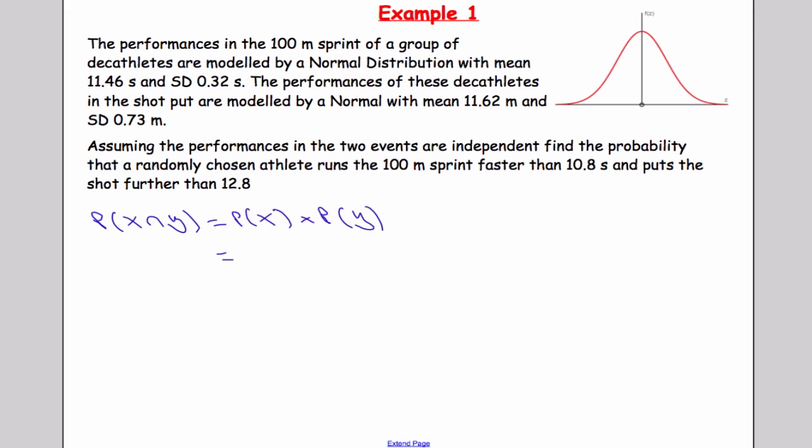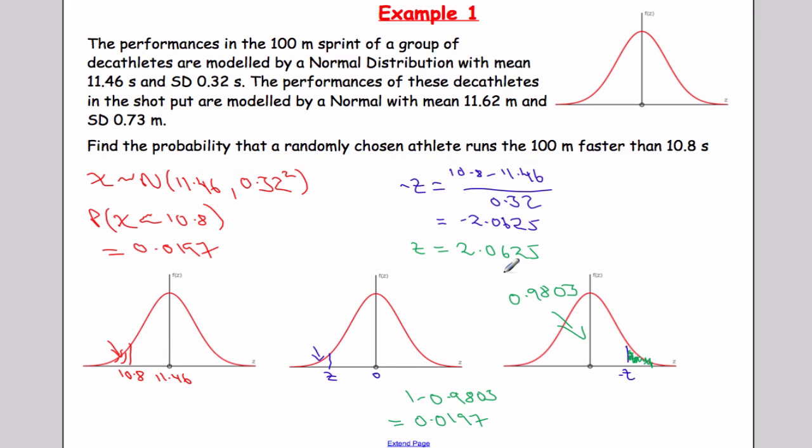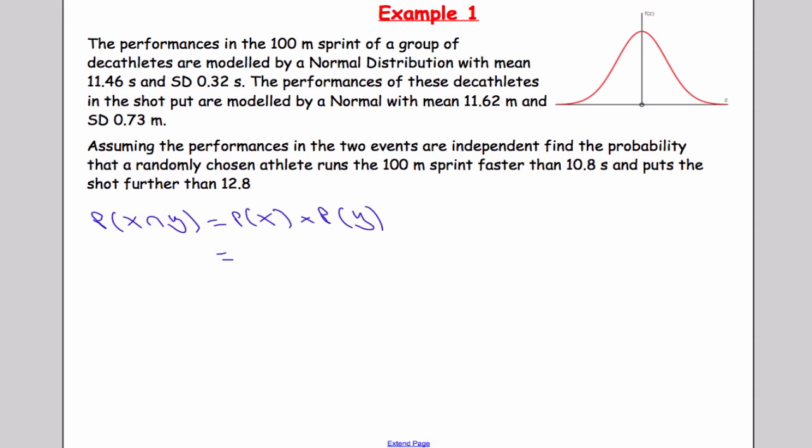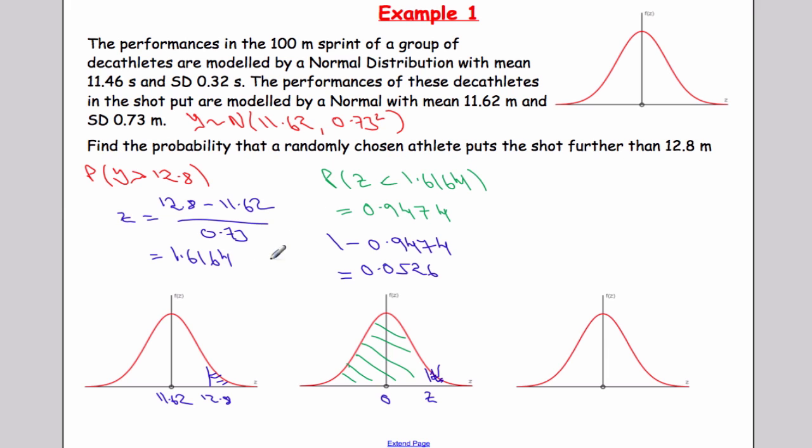So go back to our first part. X being less than 10.8 is 0.0197, and we've got to multiply that by the probability of Y being greater than 12.8, which in this case was 0.0526.